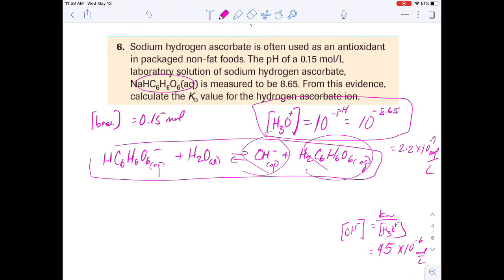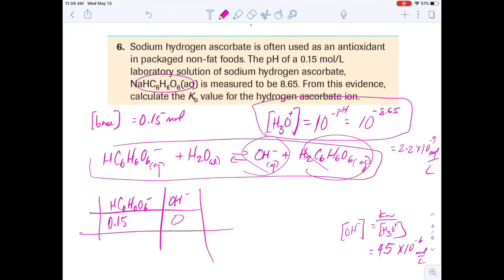So if I build an ICE table, my initial concentration was 0.15 of this HC6H6O6 negative. My hydroxides are going to be 0 to start off with, and then my H2C6H6O6 will be 0.